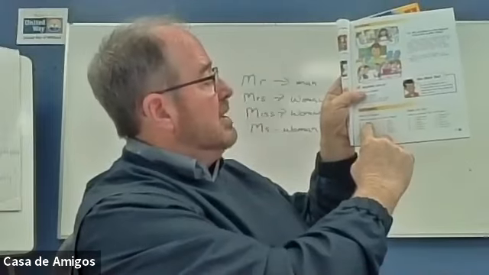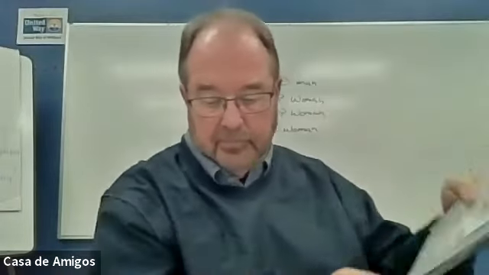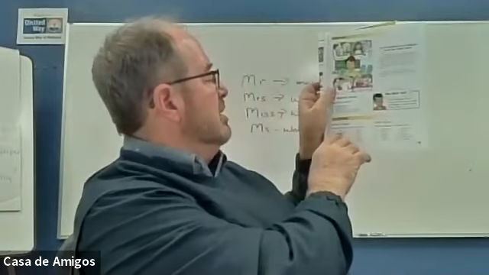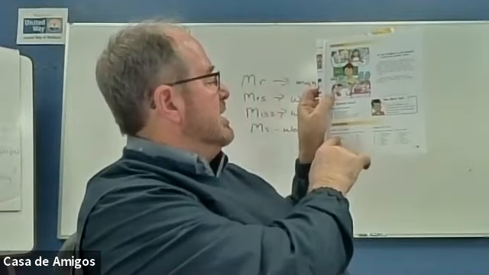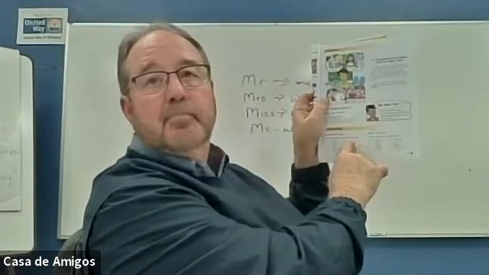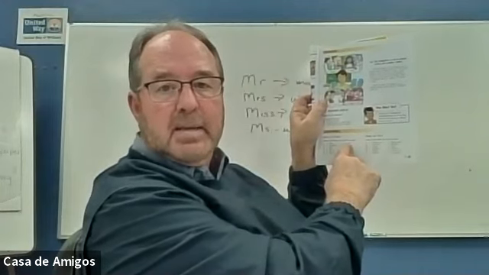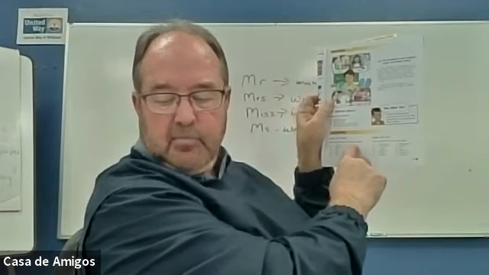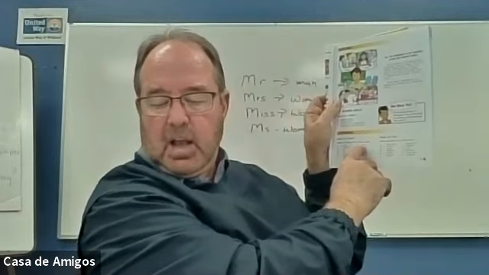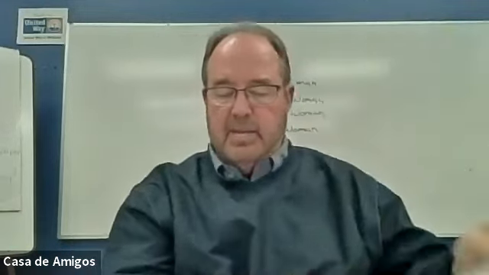And you pick either A or B. Mr. and Mrs. Lee are in the park. So which one? A said bank or B said park? You would pick B because we said Mr. and Mrs. Lee are in the park. Okay, that's the top thing that you do.